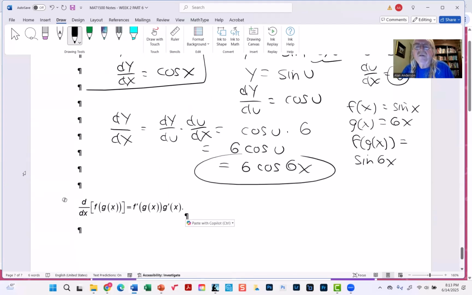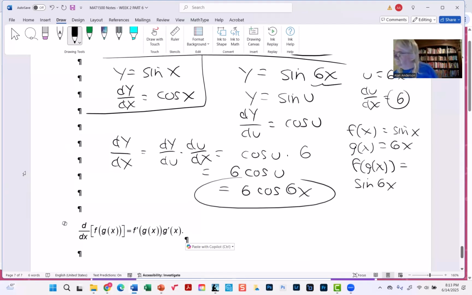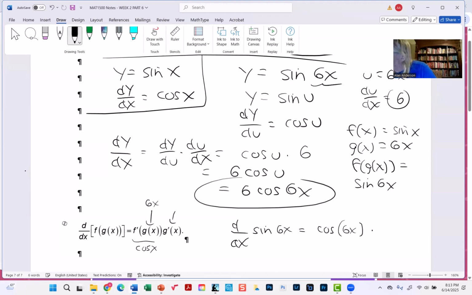So the derivative of sine 6x, now f prime of x, in this case, you're going to get the cosine of 6x times g prime of x, which is just 6.